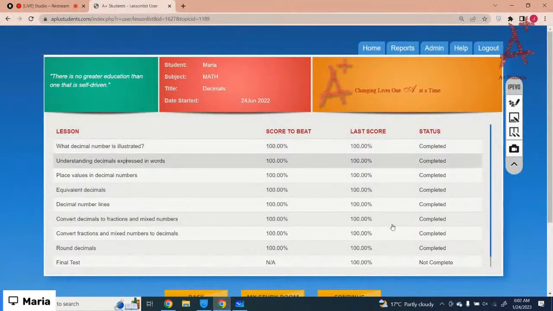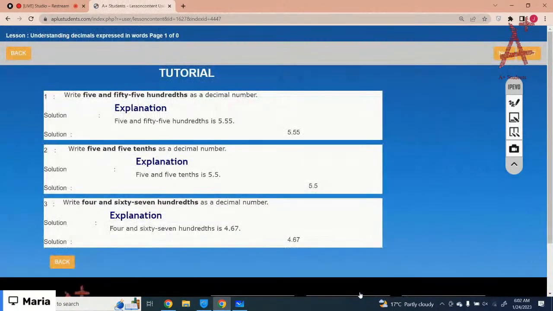Okay, understanding decimals expressed in words. So basically now you're given the words, and you have to understand and write them as decimals. Got it? Let's start with the first example.